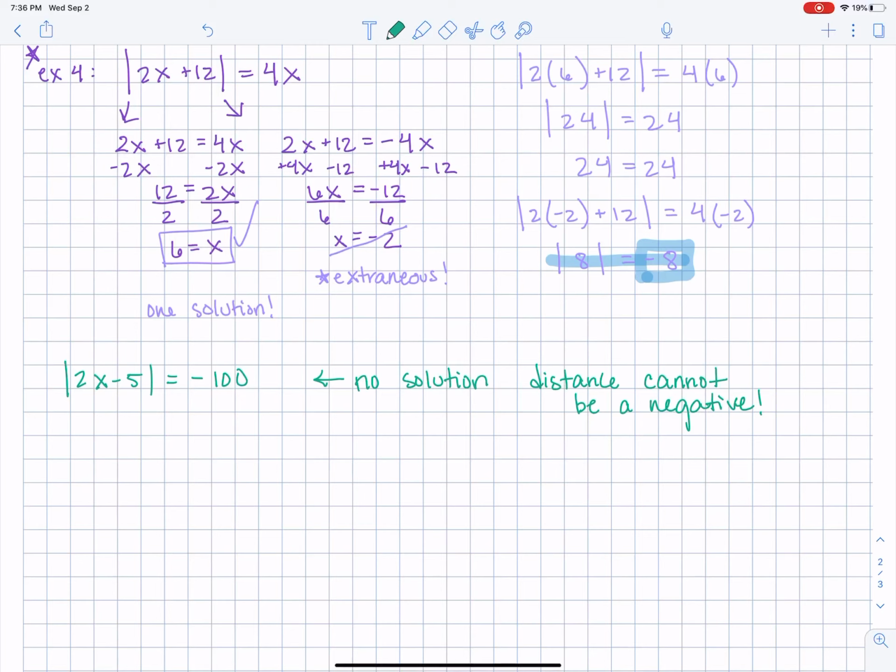So it cannot be negative, meaning that my absolute value here is equaling this negative 100. Absolutely, I know right away, no solution. All right, good job, Algebra 1. I'll see you soon.